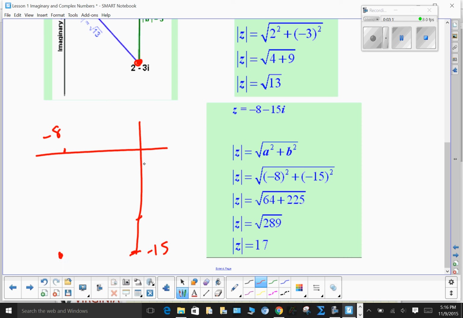Here's the point. Here's my distance. There's my right triangle. 17 units away. Negative 8 quantity squared, negative 15 quantity squared, square root of 289.